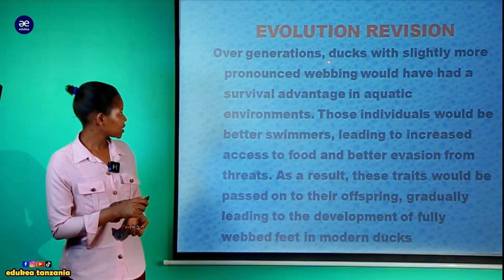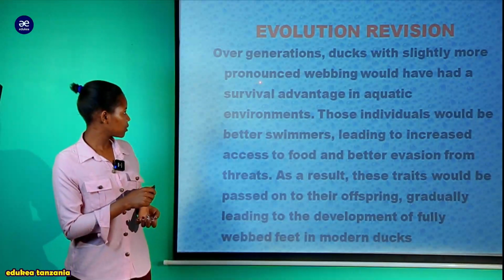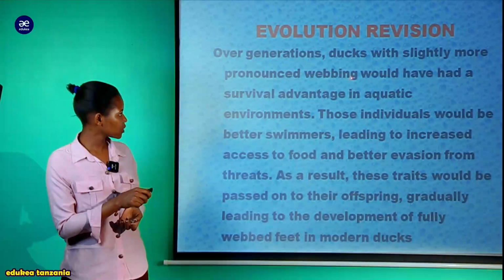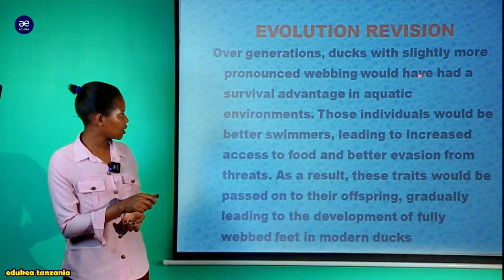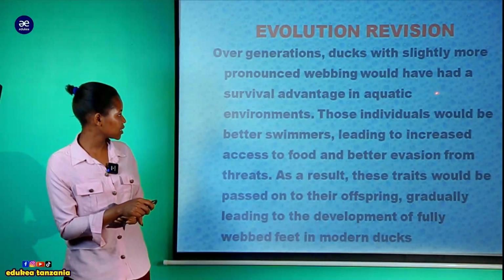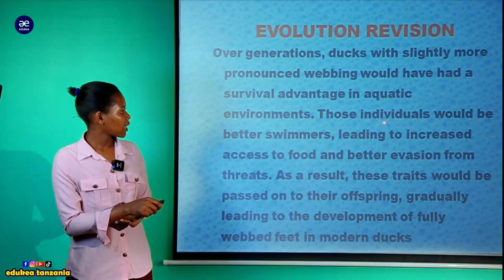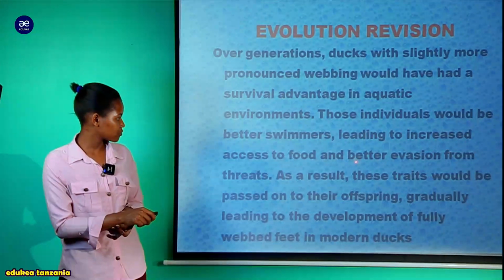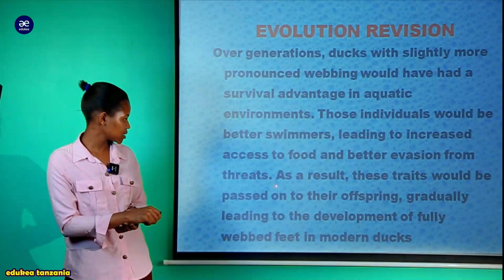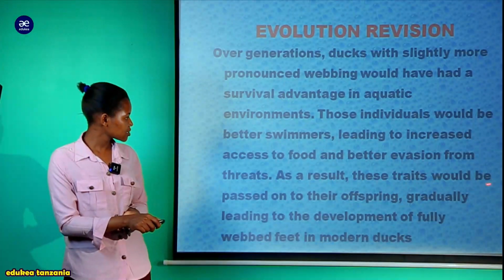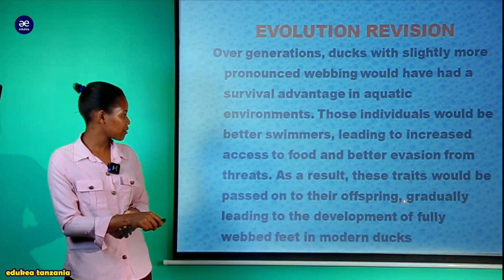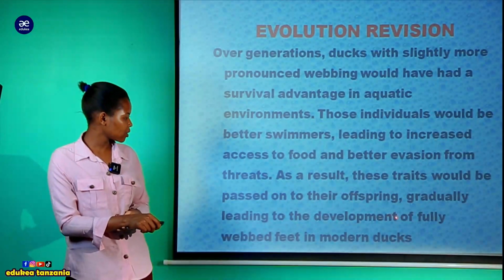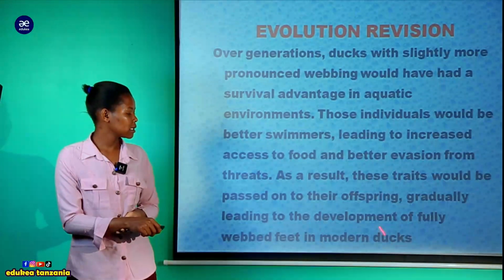And over generations, ducks with slightly more pronounced webbing would have had a survival advantage in aquatic environments, and those individuals would be better swimmers, leading to increased access to food and better evasion from threats. As a result, these traits would be passed on to their offspring, gradually leading to the development of fully webbed feet in modern ducks.